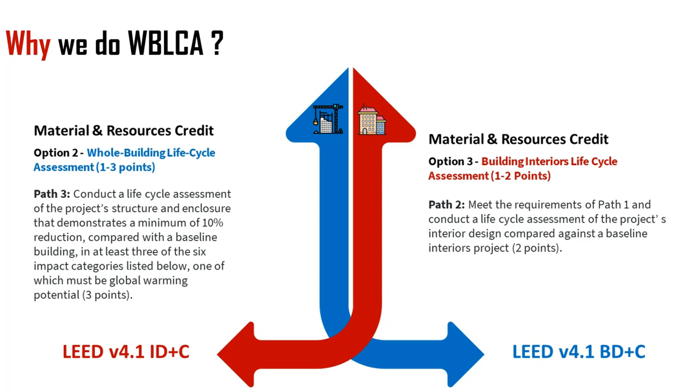Listed below, this is directly copied from the credit library in LEED. Normally building level LCA is to be done based on ISO 14040 and 44 and EN 15978 guidelines. Accordingly, when you perform it, you will get some 7 different impact categories for your base case as well as proposed case.